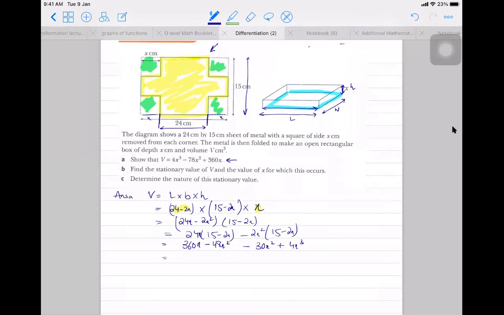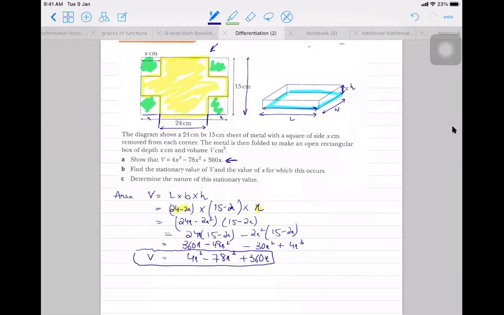So 4x cube minus 78x square plus 360x. Are we all getting this? This was asked to show in the first part.